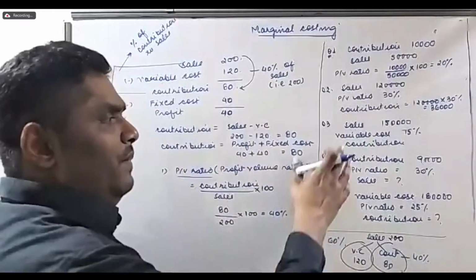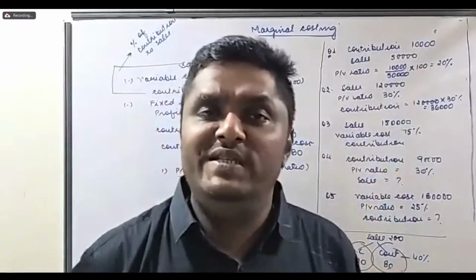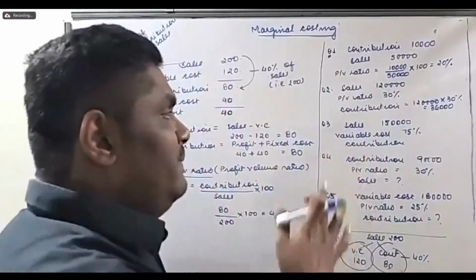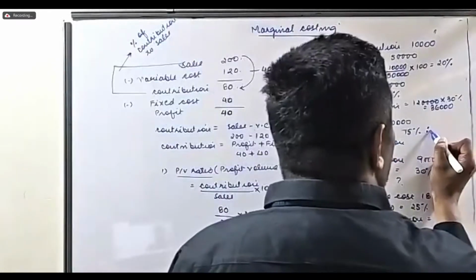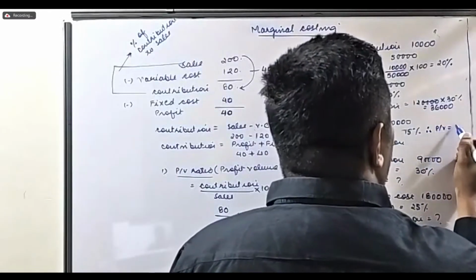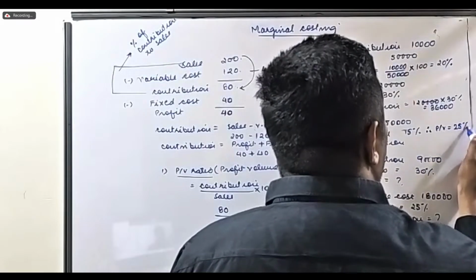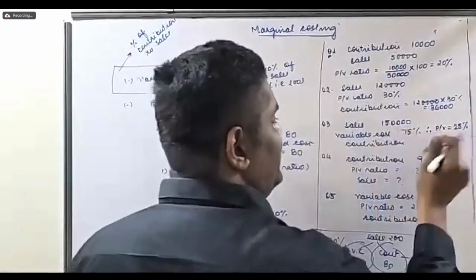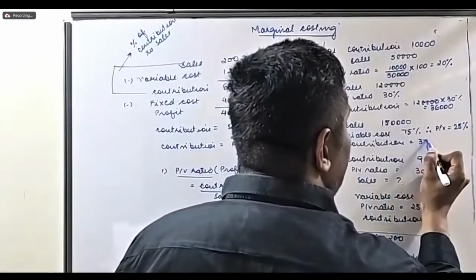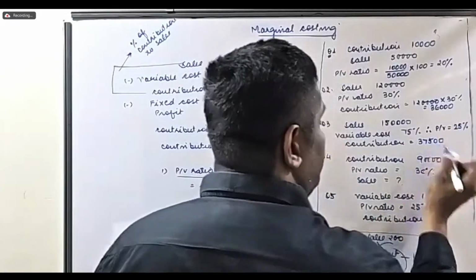So here, my variable cost is 75% of sales. It means my PV ratio will be what? 25% of sales. So my sales is 1,50,000 into 25%. So this will be 37,500.